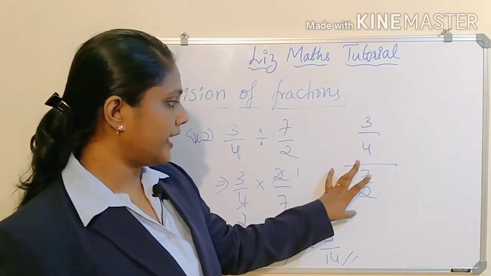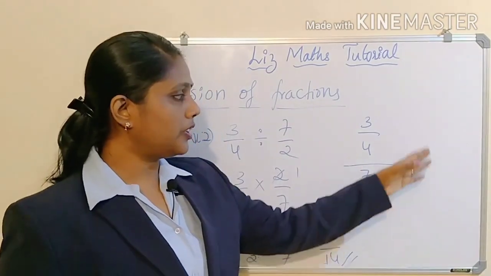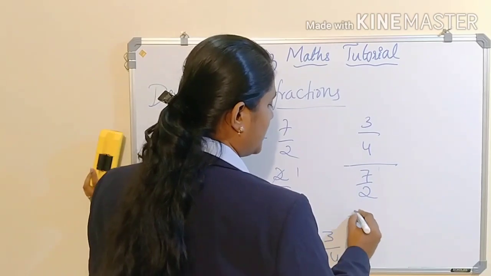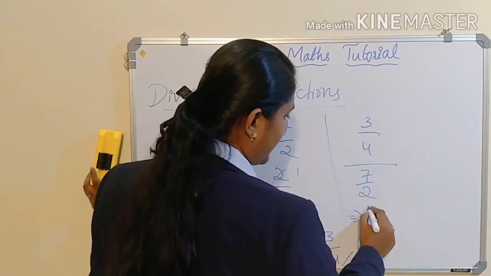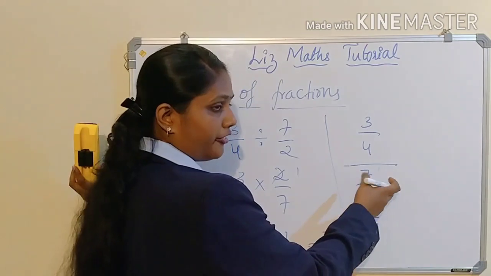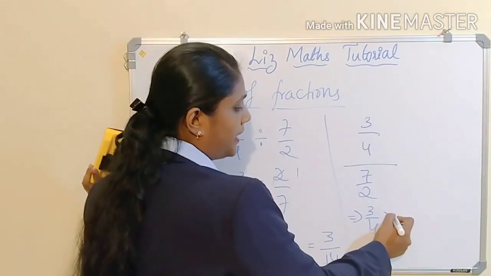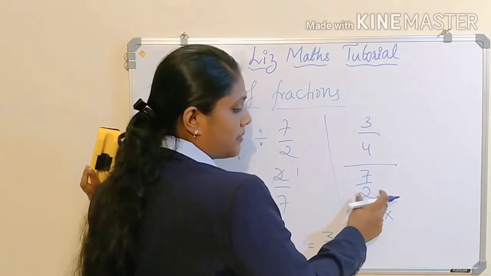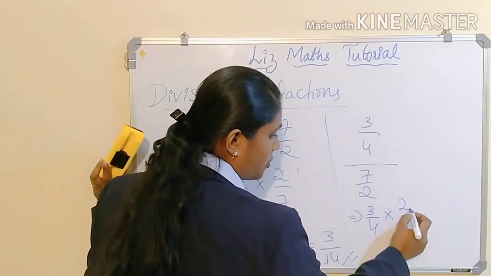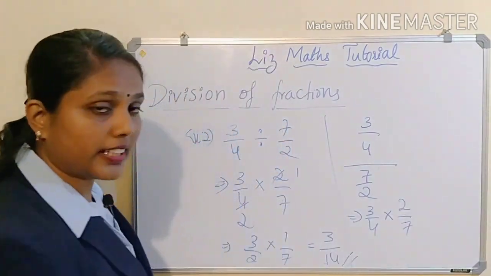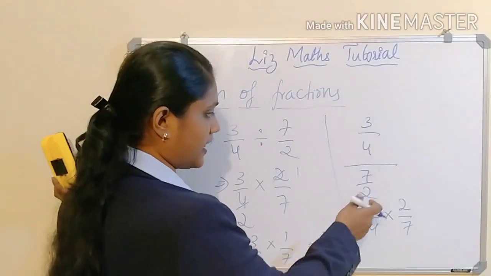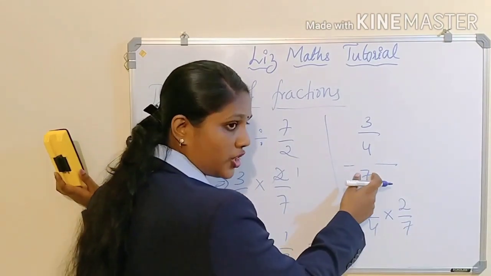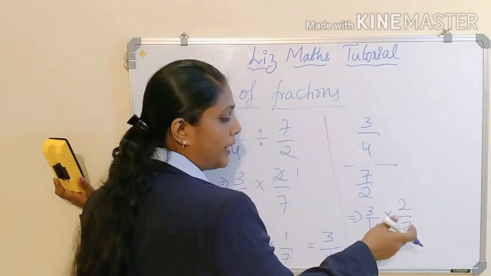When you take the division to the numerator, the division changes into multiplication, and the denominator changes in a reverse order, 2 by 7. That is the multiplicative inverse you are taking, the reciprocal of this fraction, which is nothing but 2 by 7.